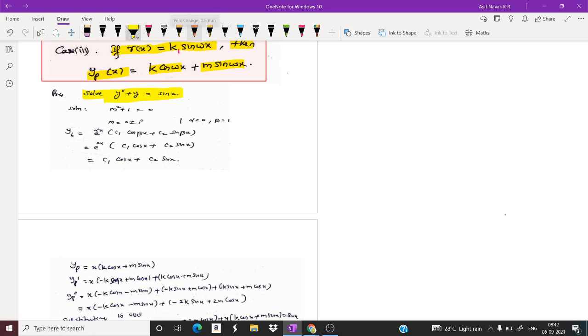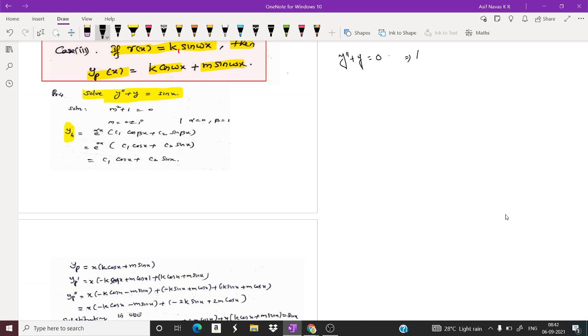First we have to find the corresponding homogeneous solution, that is yh. The corresponding homogeneous equation is y double dash plus y is equal to 0.